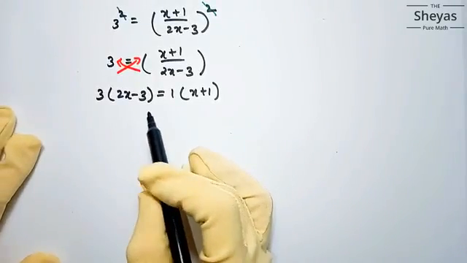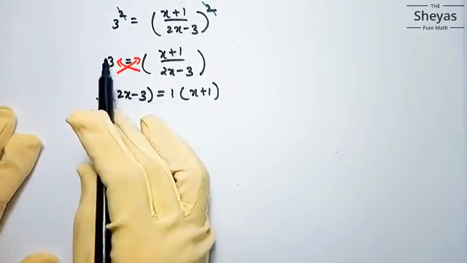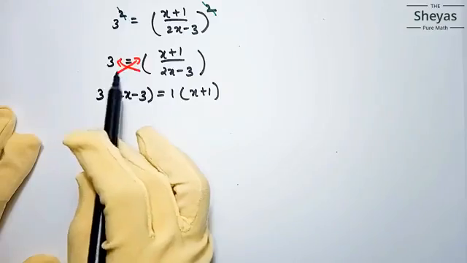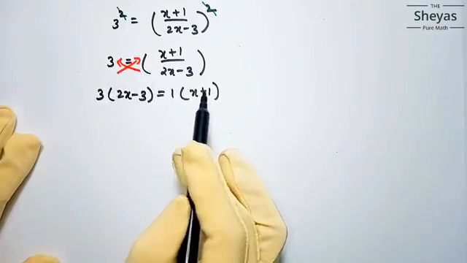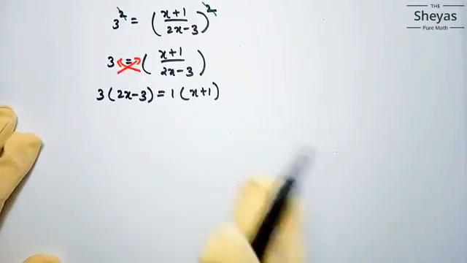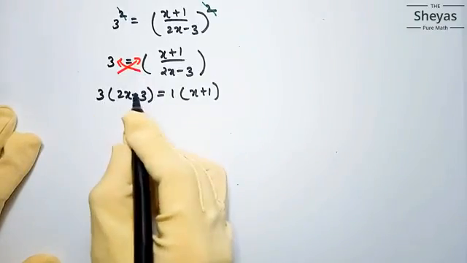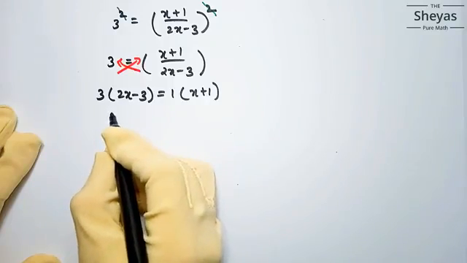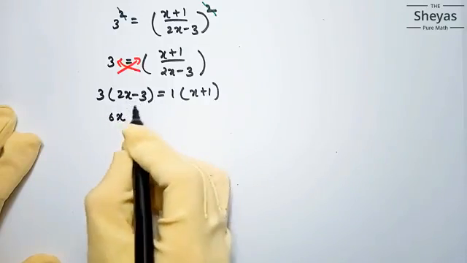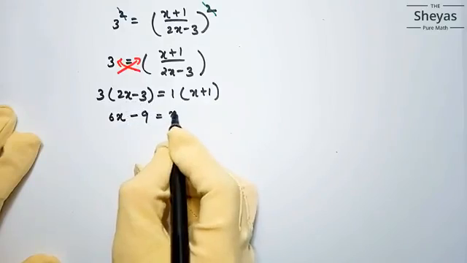So here it is understood that it is 3 over 1, and I have multiplied and written 1 into (x plus 1), that is nothing but x plus 1. So 3 into 2 is 6x, minus 3 3s are 9, which is equal to x plus 1.